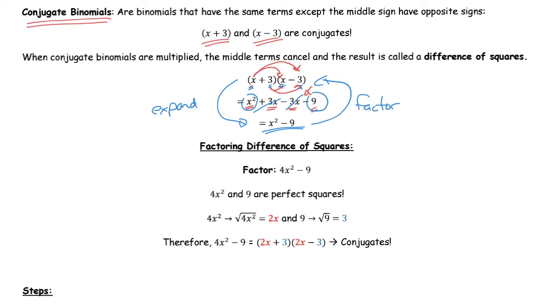So let's say I start with 4x squared minus 9. The first thing I'm going to notice here is I've got two terms. I've got one negative, so I've got subtraction here. And they're perfect squares.